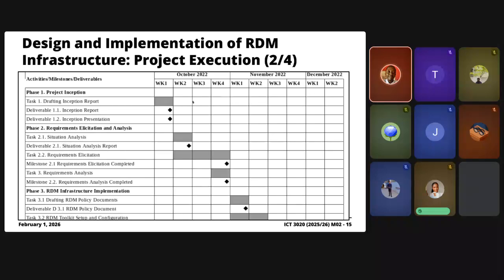And the idea behind this plan or this Gantt chart is we are identifying each individual activity to be performed together with a description of what that activity is, right?